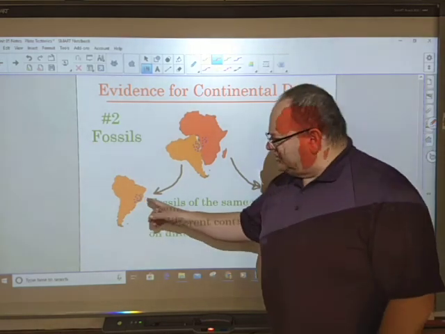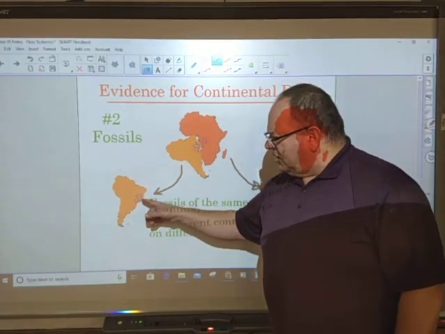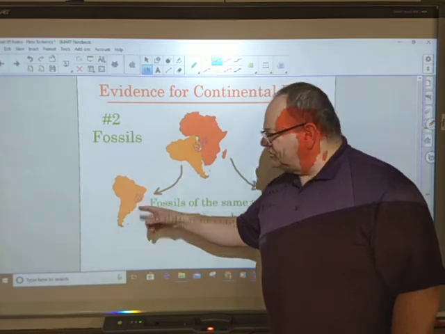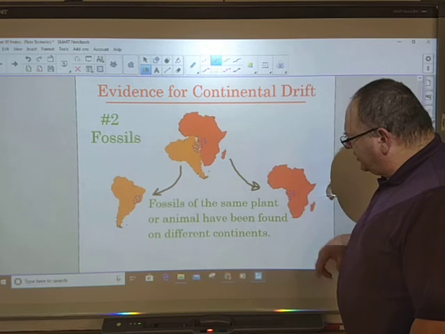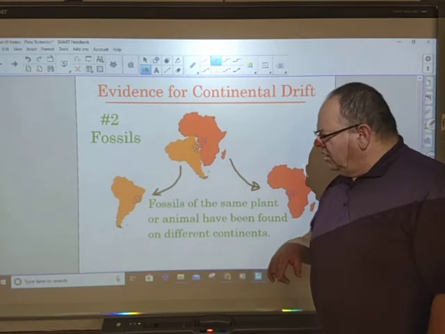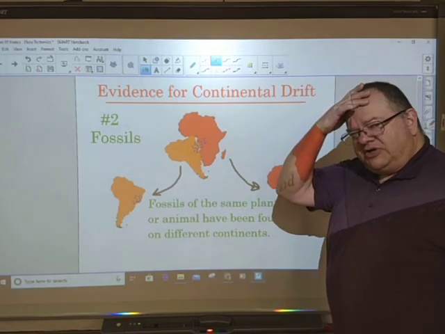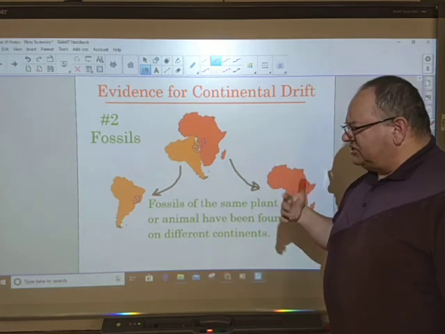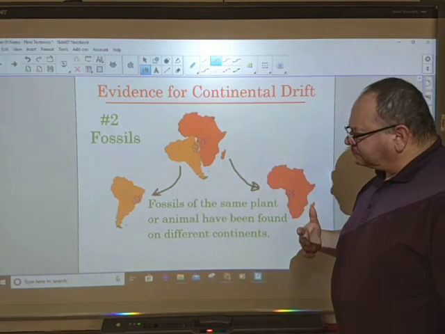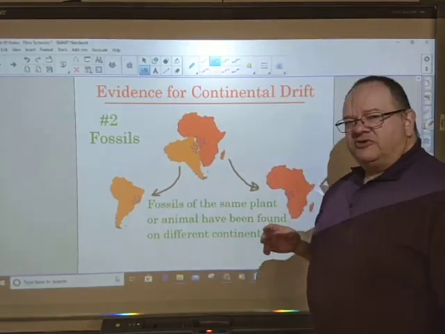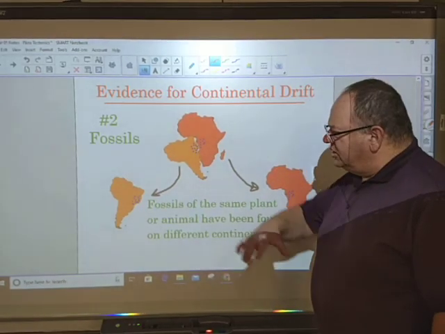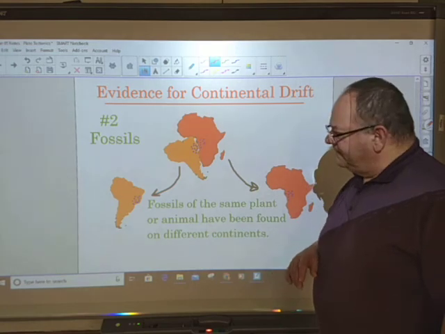On the coast of South America, there's a cluster of dots. And on the coast of Africa, there's a cluster of dots. And you ask yourself: how is it that this creature could have existed on 2 different continents a couple thousand miles apart, and maybe nowhere else on Earth?